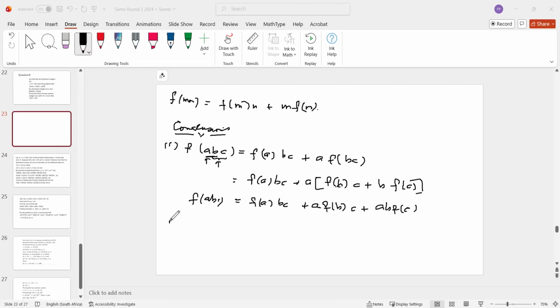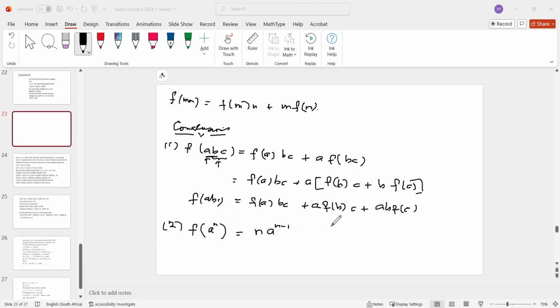Now, the second useful thing is that f of A to the power of N is equal to N times A to the N minus 1.